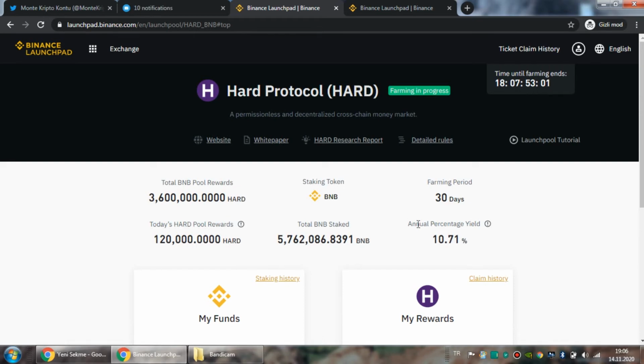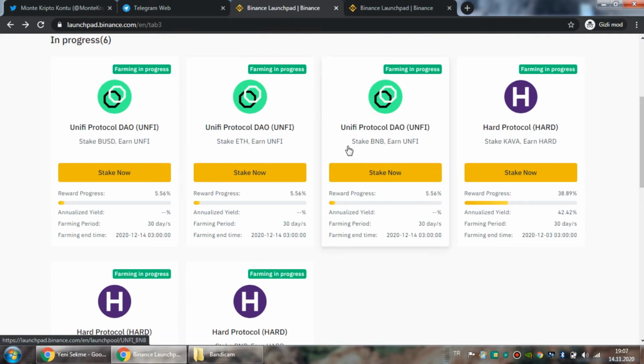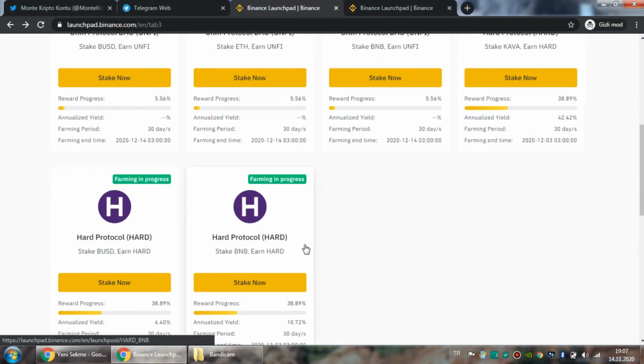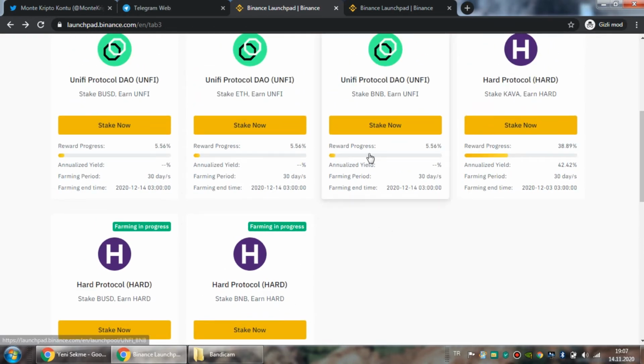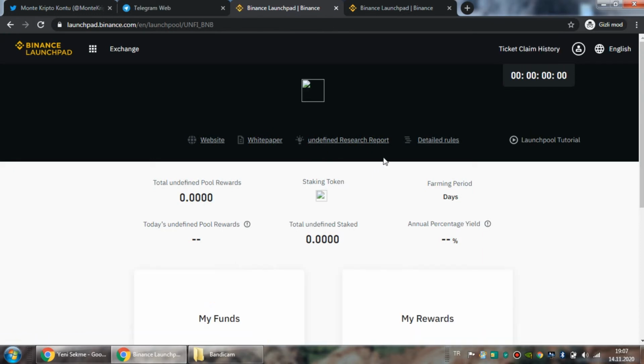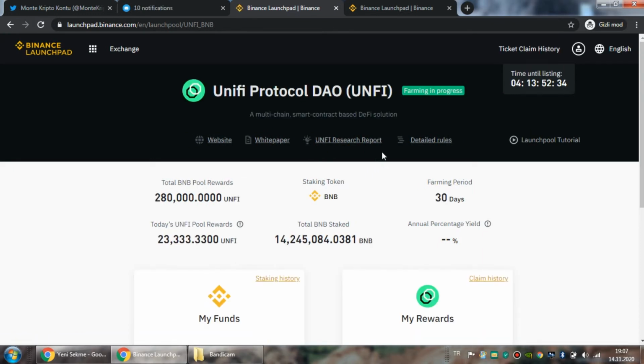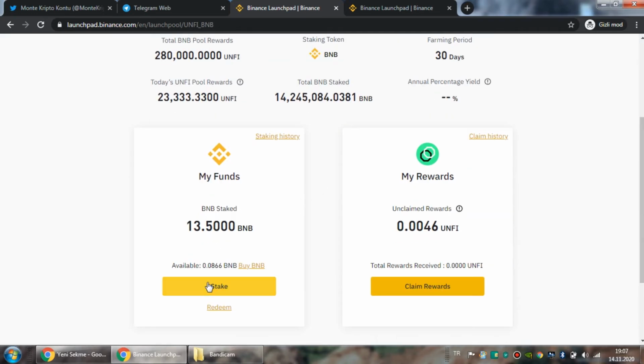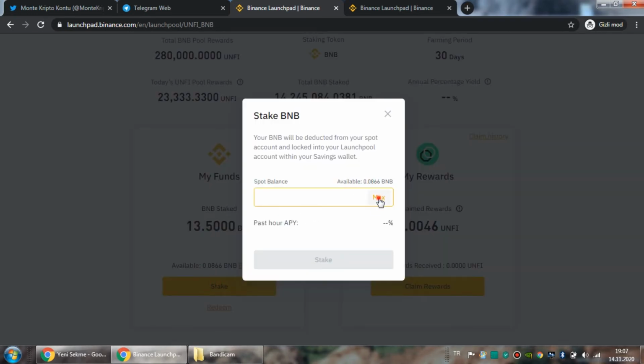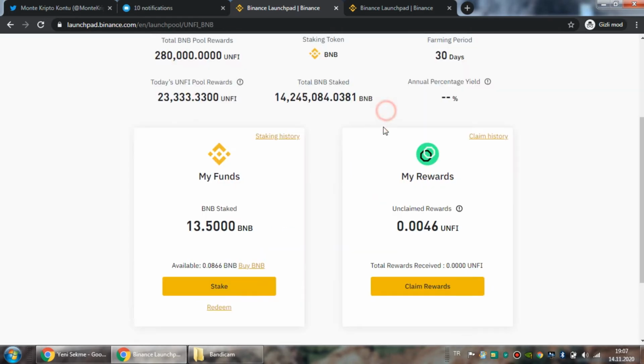In the morning, this annual percentage yield was 8, but Binance announced a new DAO pool, so some people left this pool and went to the DAO pool. It is good. And I click stake now on the DAO pool. I took my money from the Hard pool, clicked redeem, then max, and then I clicked stake. So my BNB went to this pool.